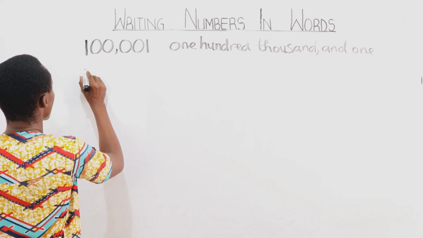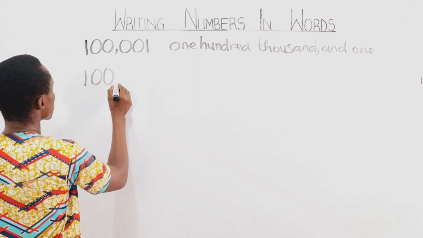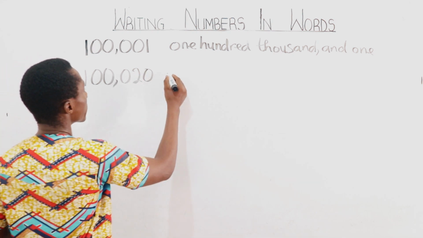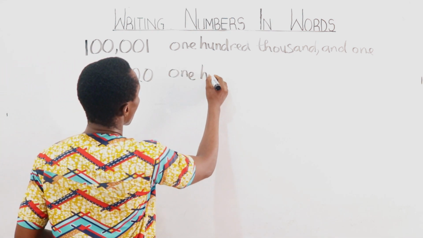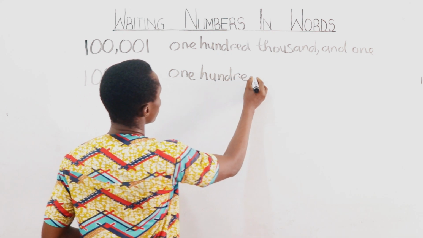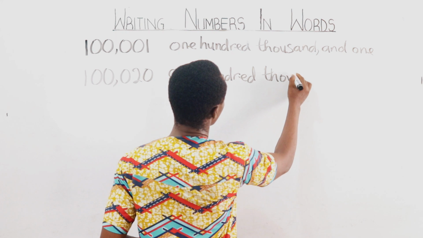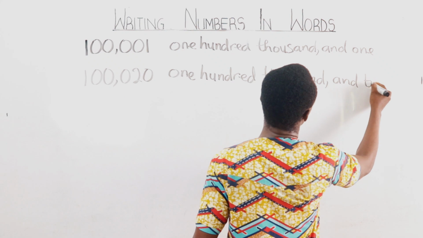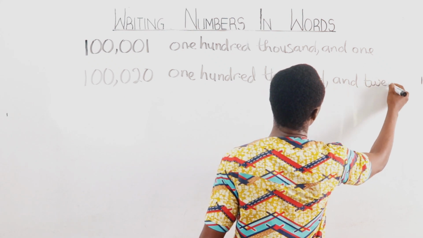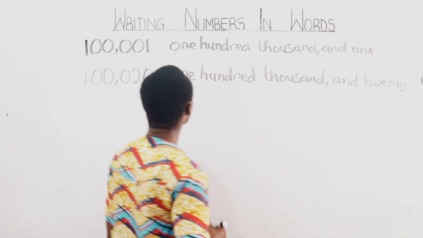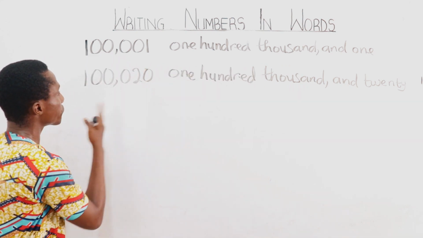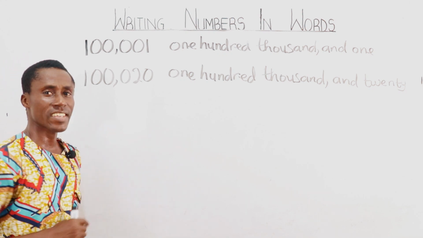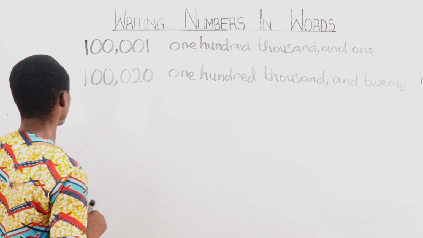So we have, for example, 100,000 and 20. Okay, very good. Now we can follow the same way to add more tens. Now let's add a compound number.